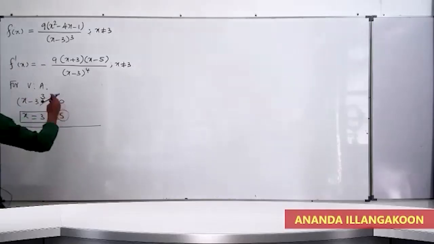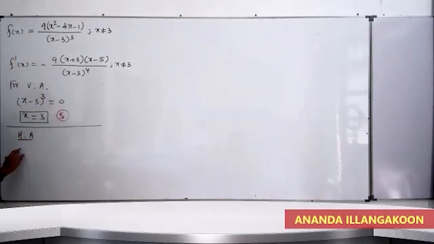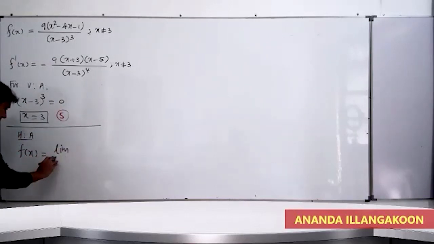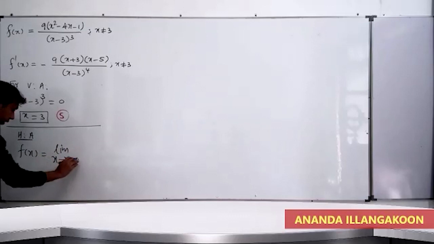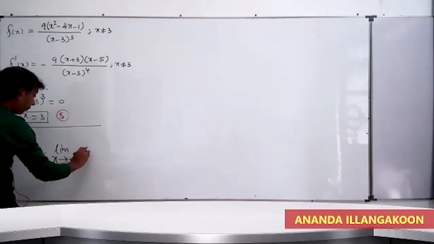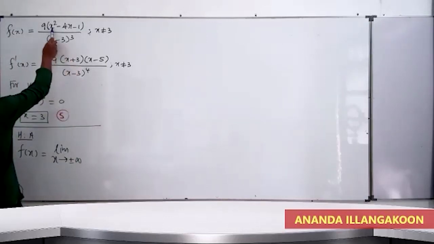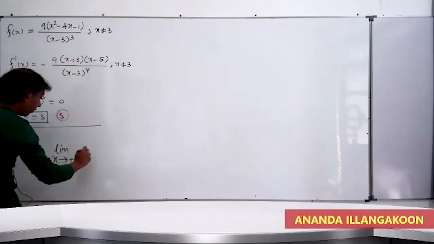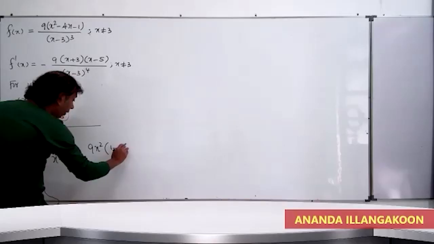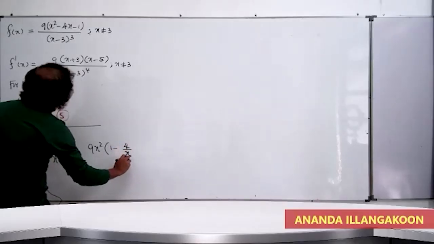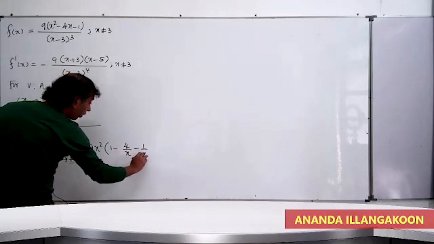So we will take x squared out, we get 9x squared, and once we take x squared out, 1 minus 4 upon x minus 1 upon x squared.